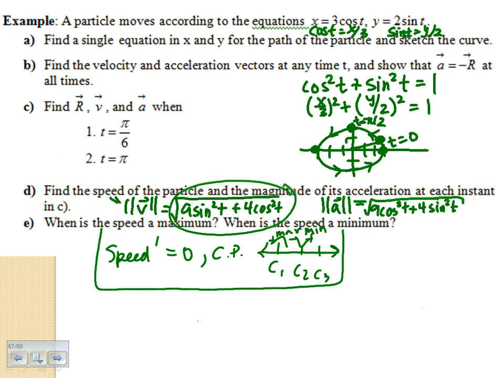Before I do that, I'm going to simplify this a little bit. We said we had 9 sine squared t. Well, I don't want sines and cosines going on. I don't want to have to think about both the max and mins and putting them together. So what can I put in for cosine squared? 1 minus sine squared. And that would be what?